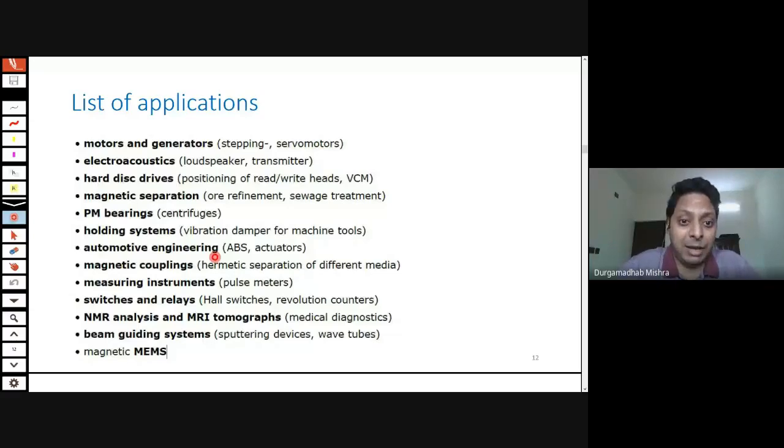Some of these applications you will probably learn in more detail in future. For example, motors and generators are a core part of your electrical engineering course. Also, these magnetic materials are used in a lot of sensors nowadays, the magnetic sensors.